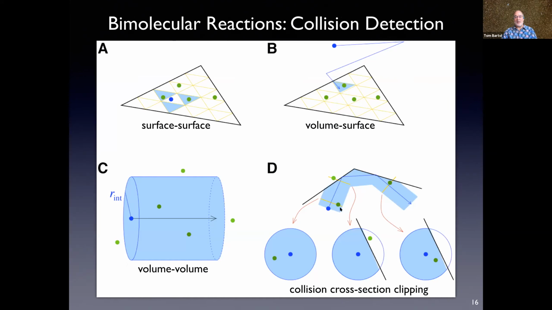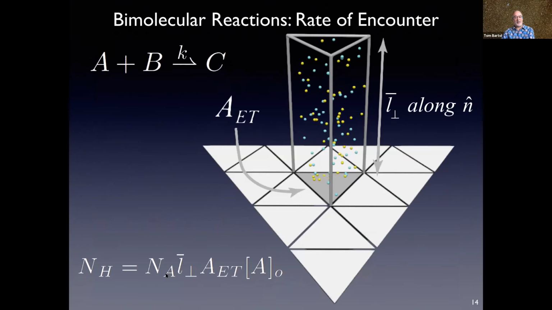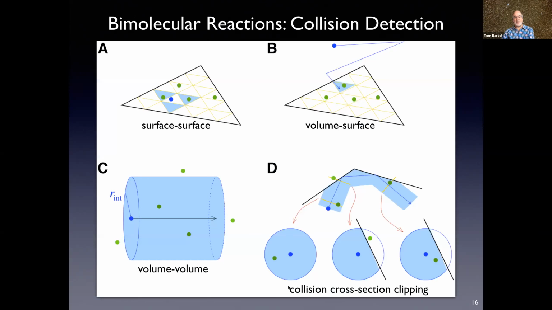Now, if the particle that we collide with is out in the middle of the volume and this cylinder is not truncated by any neighboring surface nearby, then the collision cross-section area for that, so recall that what we're calculating here is the Einstein-Smoluchowski rate of encounter, which is really dependent on the collision cross-section, right? Which is this AET. The collision cross-section out here is the full interaction radius disk area.